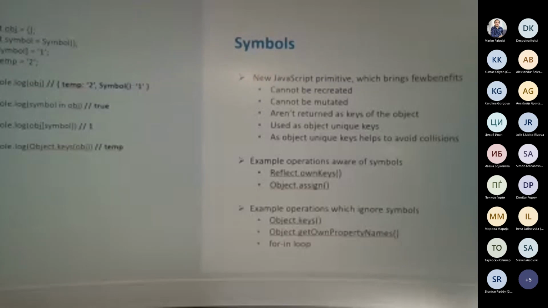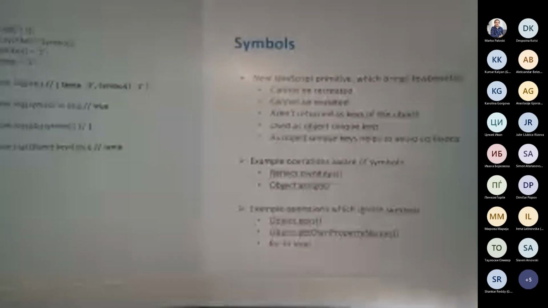The operations which ignore symbols are Object.keys, which is an already known method from the object which returns the keys, Object.getOwnPropertyNames, and also if you try to iterate over the object properties through a for in loop, it will ignore the symbols, which is also good because, like we said, we want symbols to be used as unique keys. Yes, so let's go to the next slide.